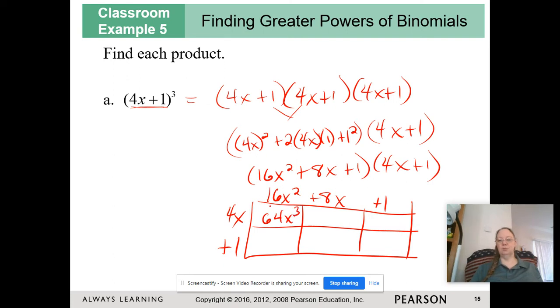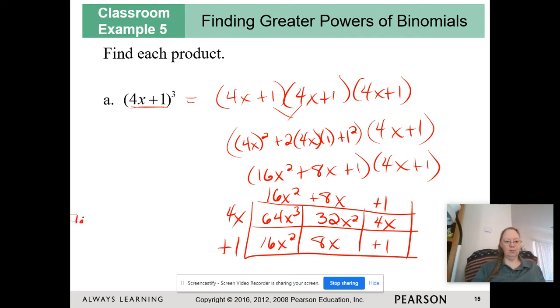64x cubed. Remember, when you multiply, you add the exponents. 32x squared, 4x, 16x squared, 8x, and 1. But when we are combining like terms, that x squared is going to stay x squared.